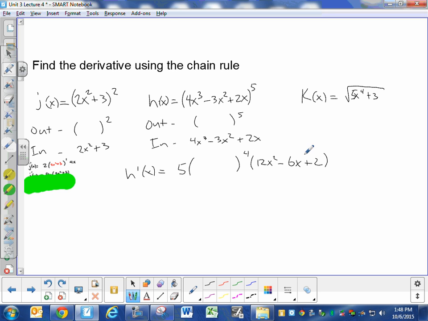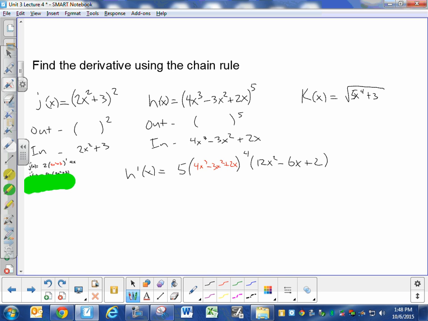And then you can go back and plug in what was my stuff, the inside, which was my 4x cubed minus 3x squared plus 2x. Okay? And that's correct.